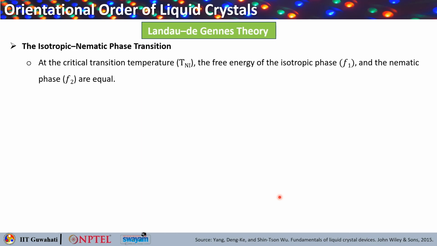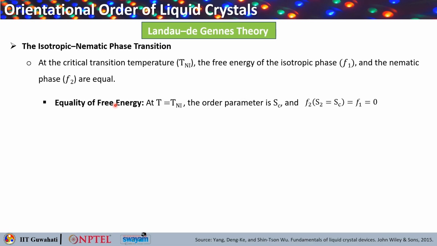So, the isotropic to nematic phase transition happens at the critical transition temperature, T NI. At that temperature, the free energy of the isotropic phase, F1, and of the nematic phase, F2, will be equal. So, equality of free energy happens at T equals T NI.